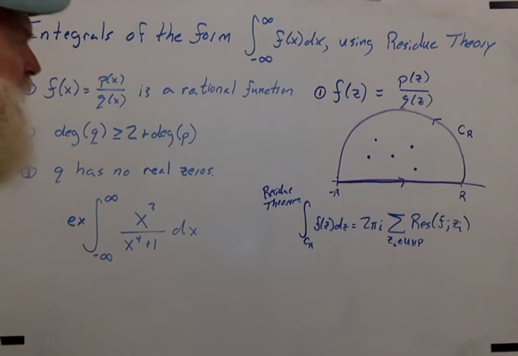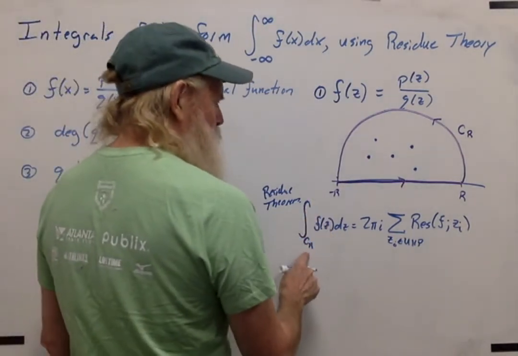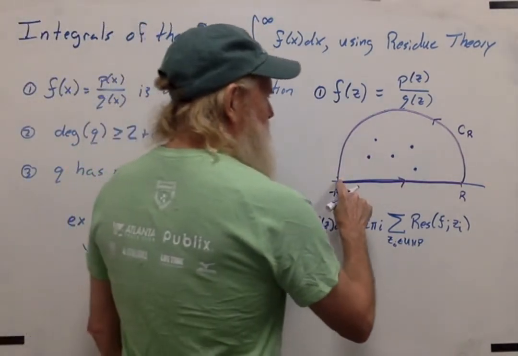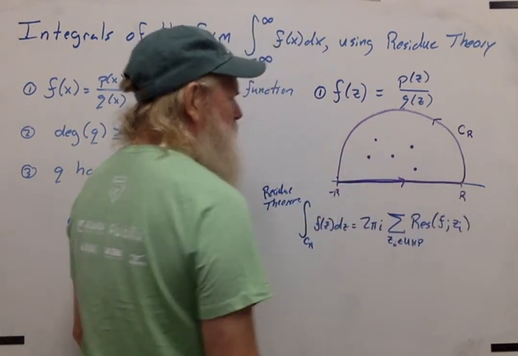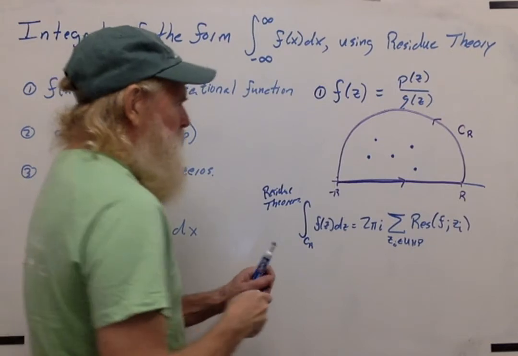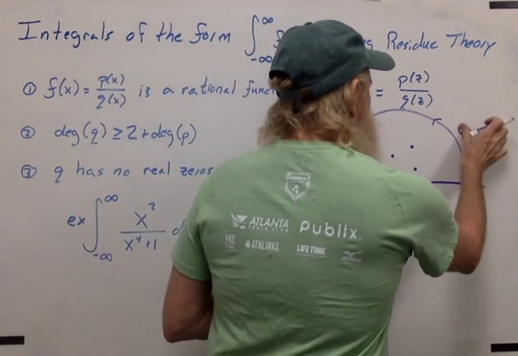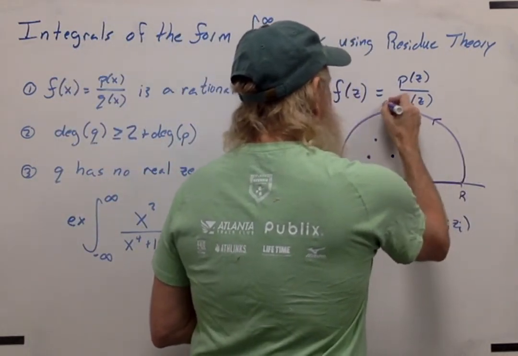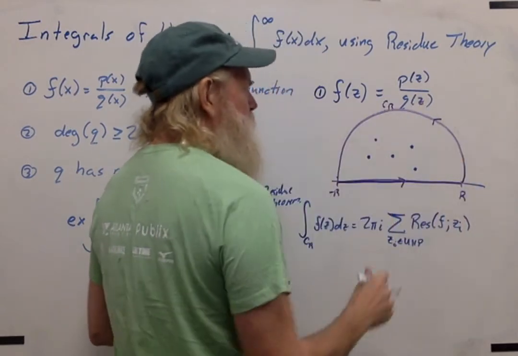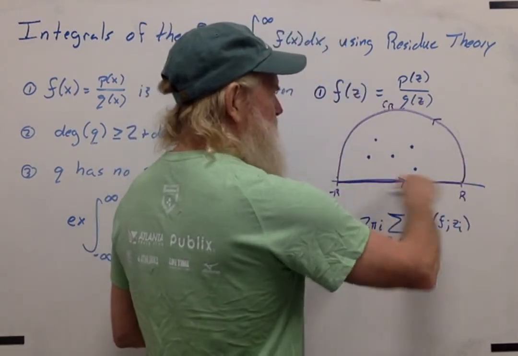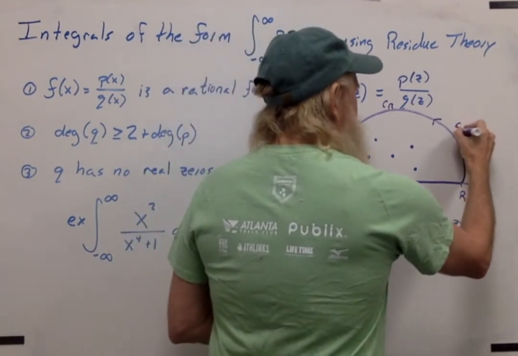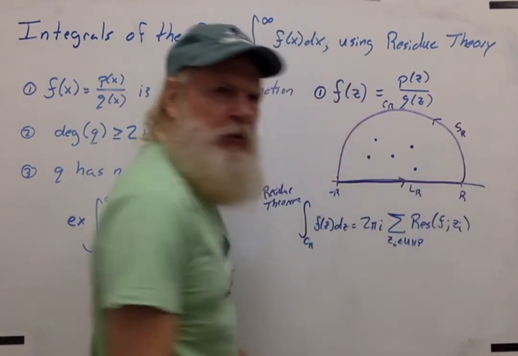Now, on the other hand, I can also find the integral around C sub r by finding the integral along this line plus the integral along the semicircle. So let's name those two curves. So C sub r is the entire closed loop. Let me say that L sub r is this piece along the x-axis, and I'm going to use S sub r to represent the semicircle.